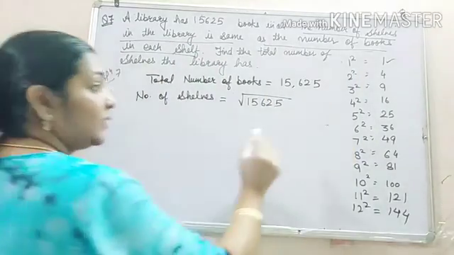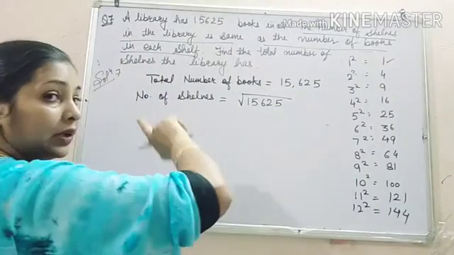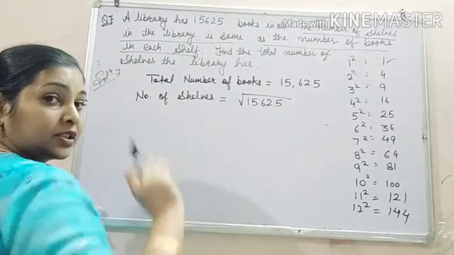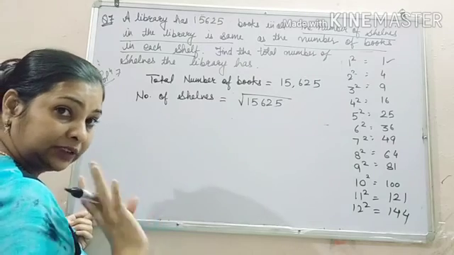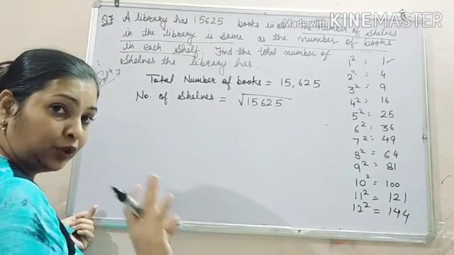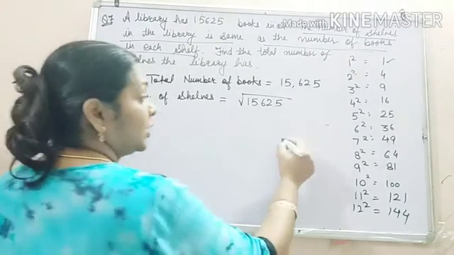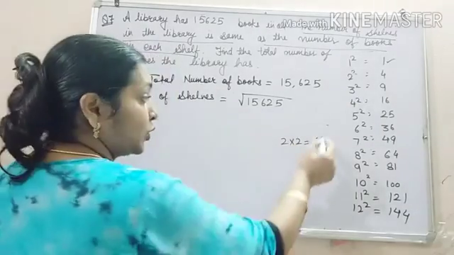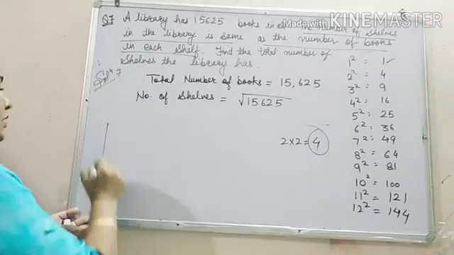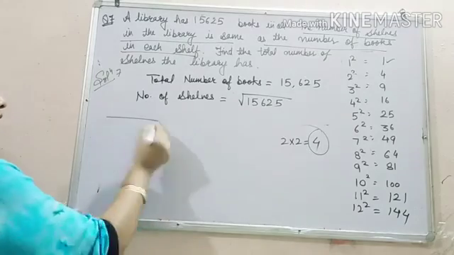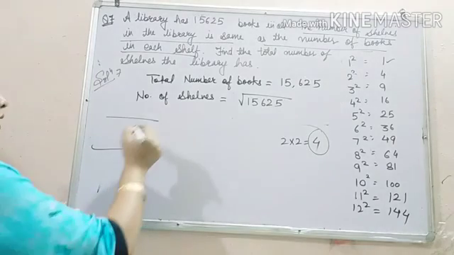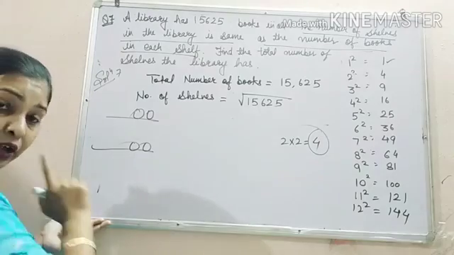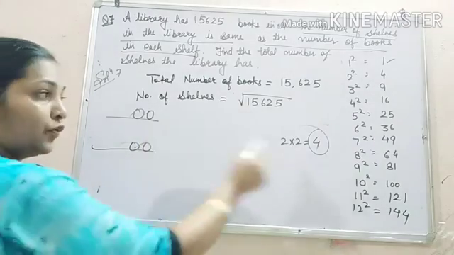Suppose there is one book, one shelf. So total number of books 1 into 1. Suppose if there are two shelves and each shelf is having 2 books, that means 2 2s are 4. That is equal to 2 square. Total books are 4. In 2 cells, suppose these are the cells of the library. I am saying that both the cells are having 2 books each. So 2 plus 2, 4 books.